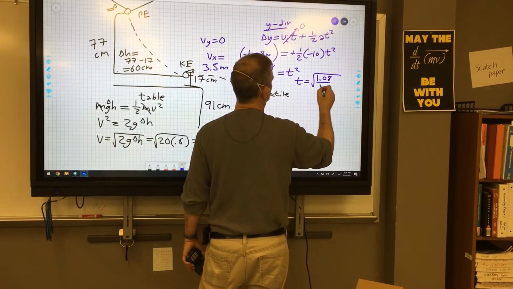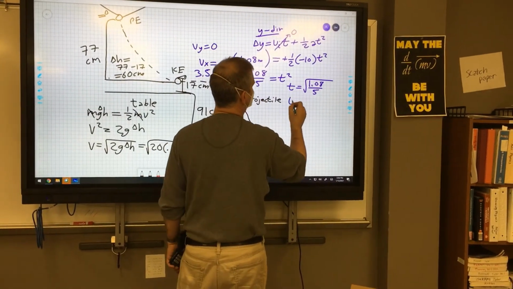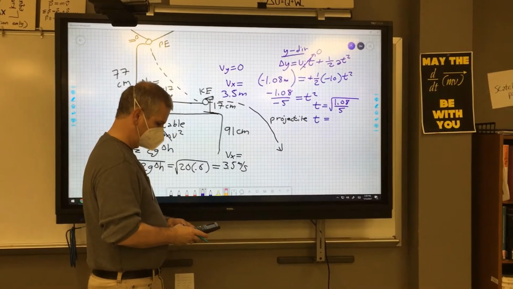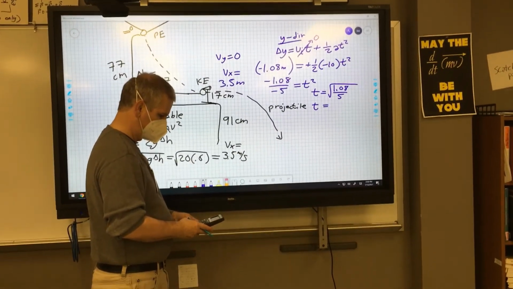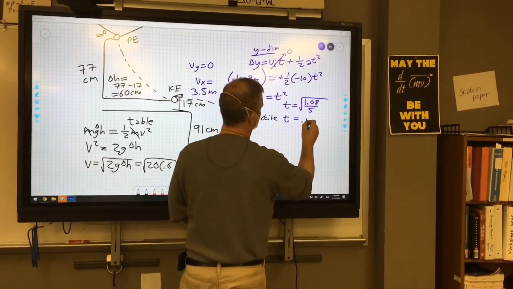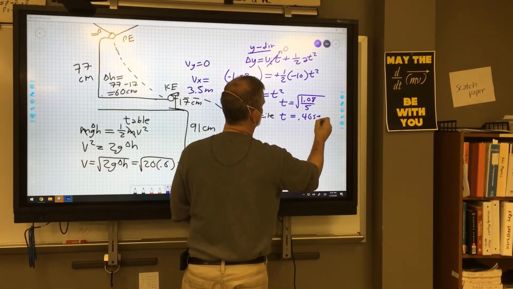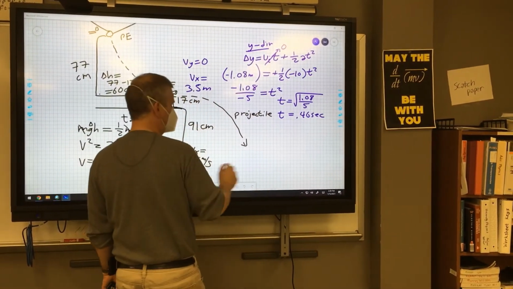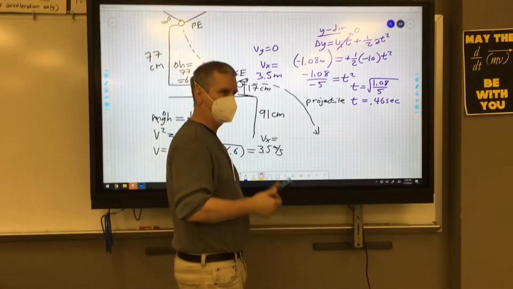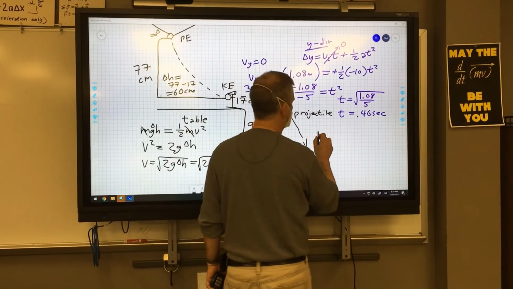divided by 5, which gives me a time of 0.46 seconds. Well, now let's find out how far it goes. In the x direction, there's no acceleration, so speed equals distance divided by time.